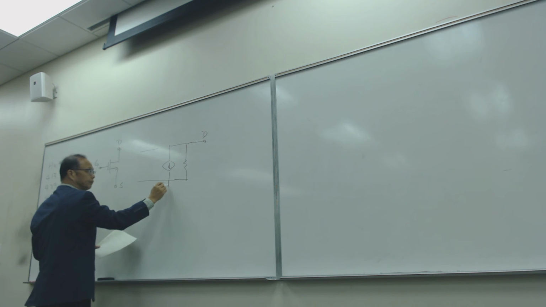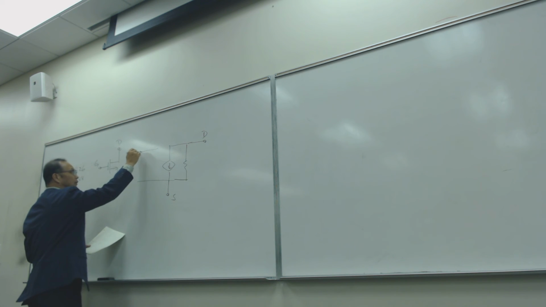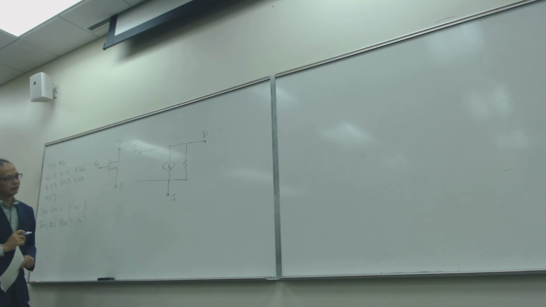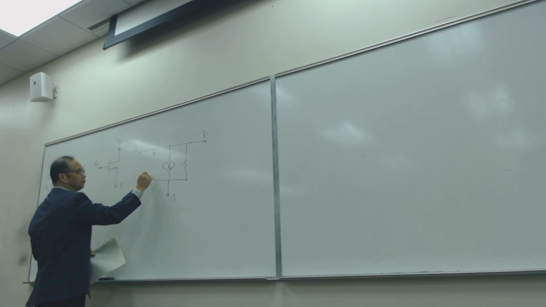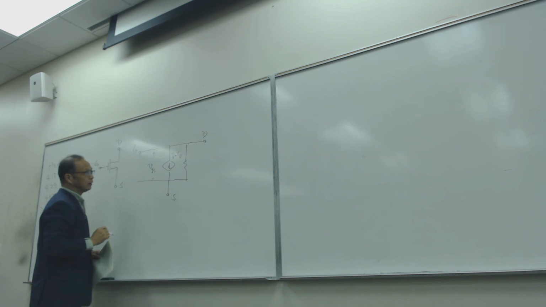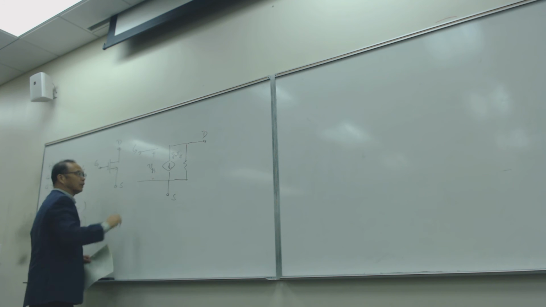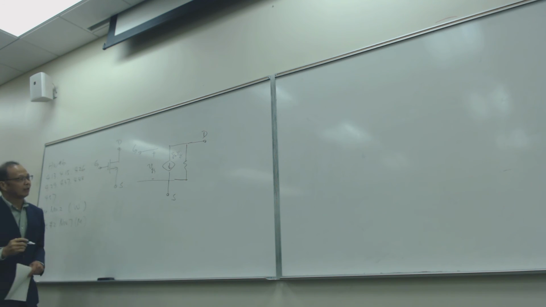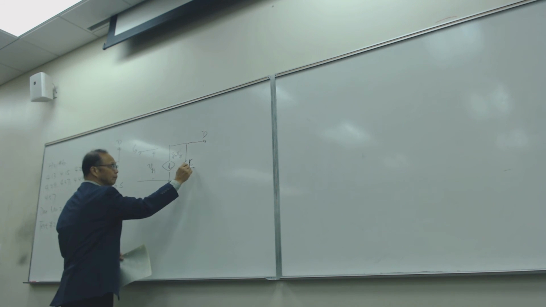Source pins, right? And this is VGS. This is gm VGS, right? This current source that depends on the voltage. And then this is r_o as well.